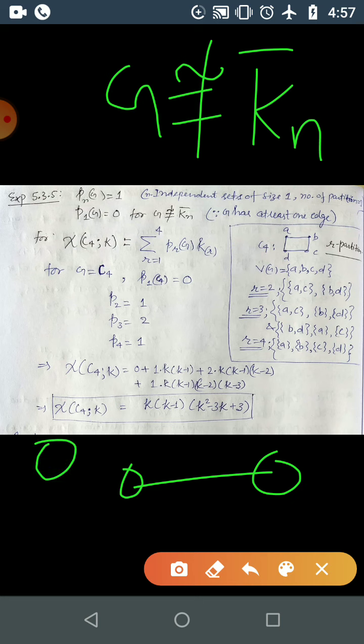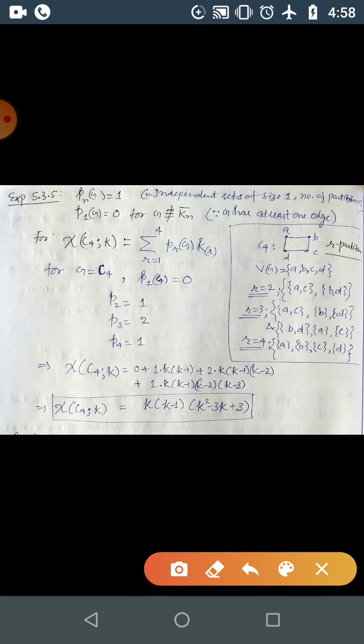And whenever you have at least one edge, you can't put all the vertices in one class, because the endpoints of this edge will go into different classes, correct?